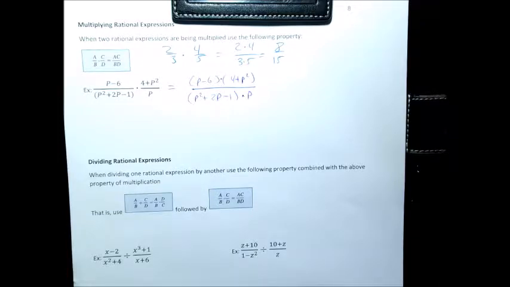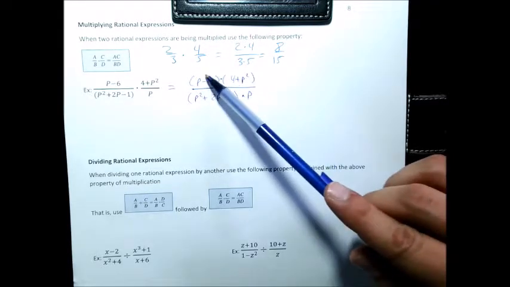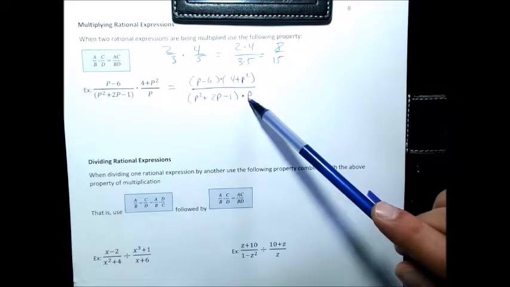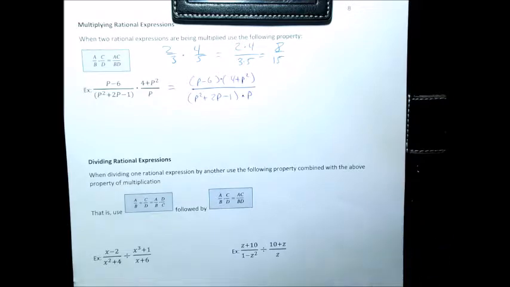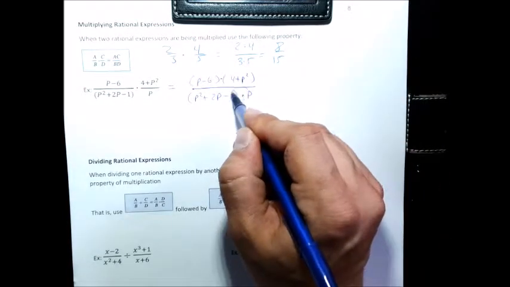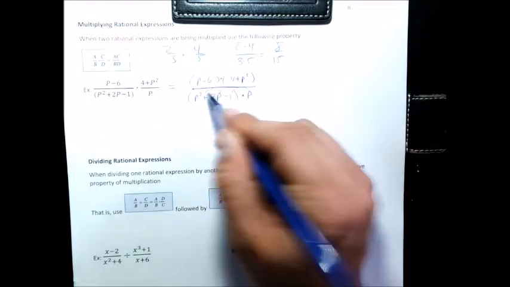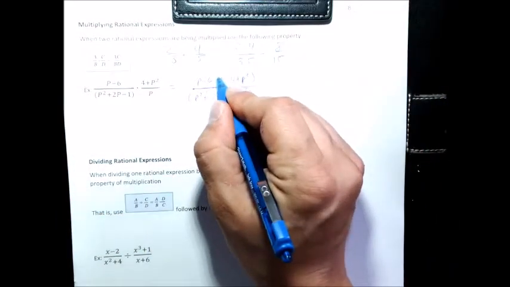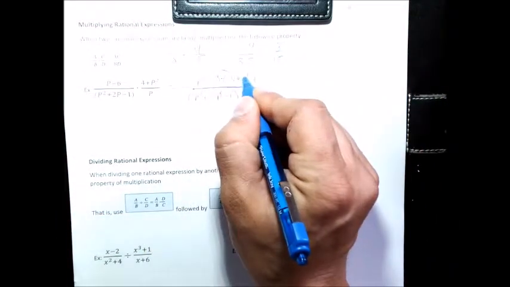And now we're building on the last section because now we want to simplify that, right? So we want to FOIL out the numerator. We can FOIL out those two. And then we want to send the p in the denominator through that trinomial, so we'll do some distribution here, doing our FOILing kind of thing.